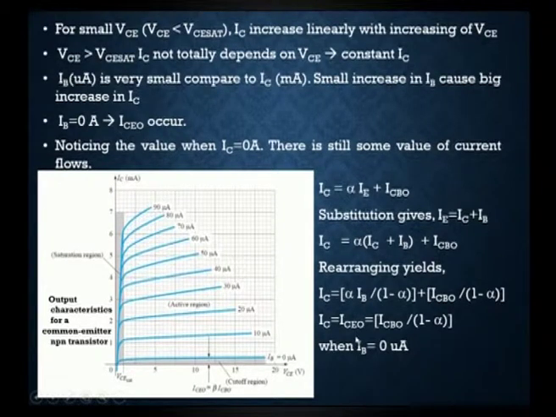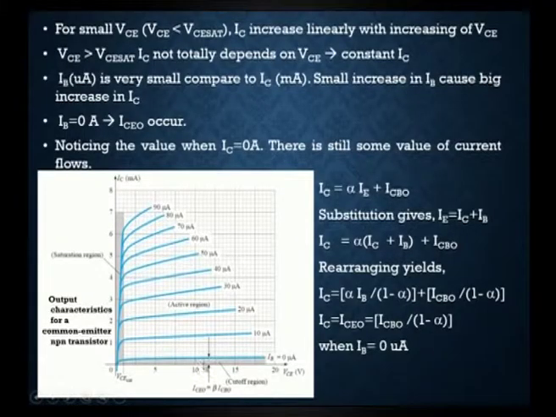Finally, our collector current is ICEO, that is the collector to emitter current when the base is open. That is the collector current when IB is equal to 0 microamps, where the collector current is equal to ICEO.